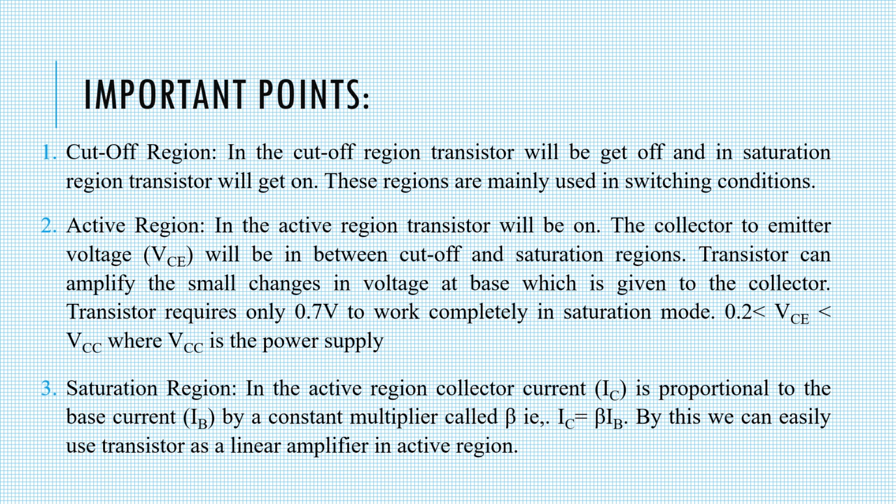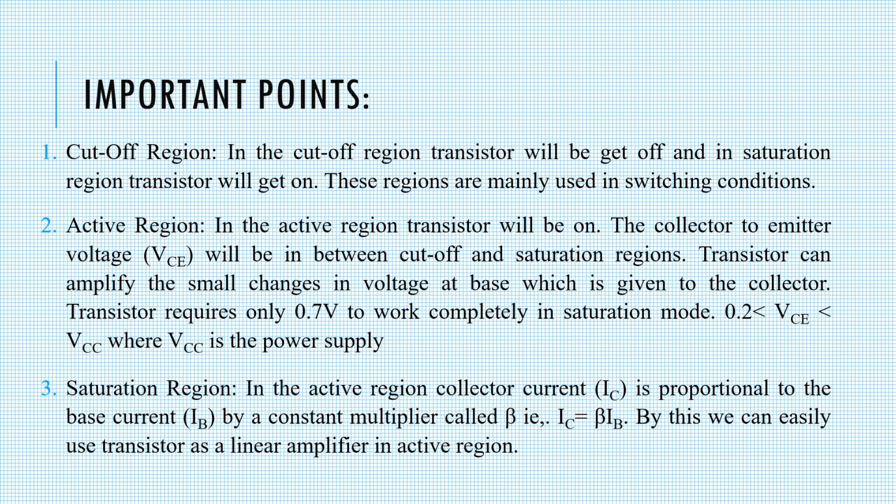In the cutoff region, the transistor will be off, and in the saturation region, the transistor will be on. These regions are mainly used in switching conditions. And in the active region, the transistor will be on. The collector to emitter voltage will be in between the cutoff and saturation regions.